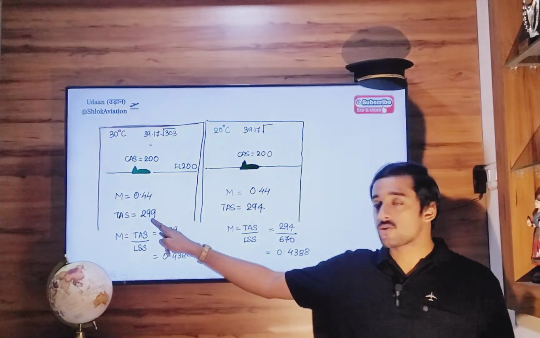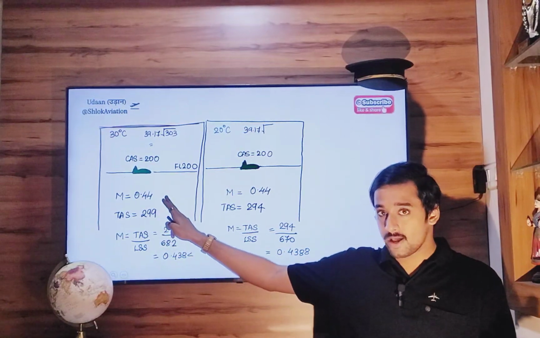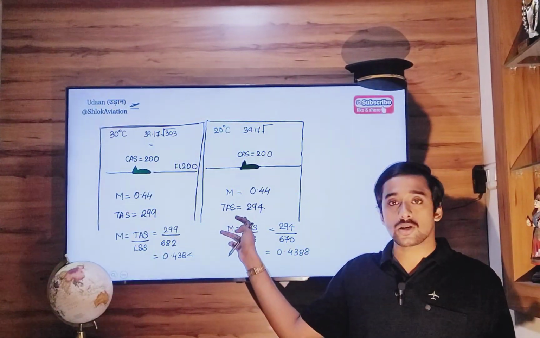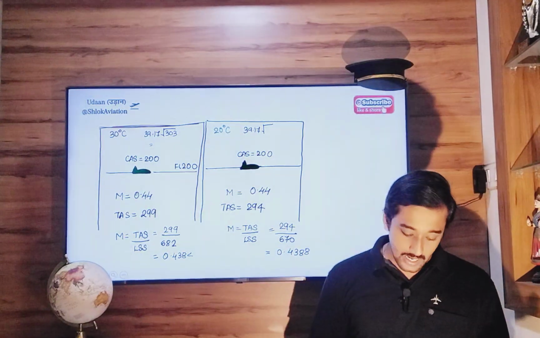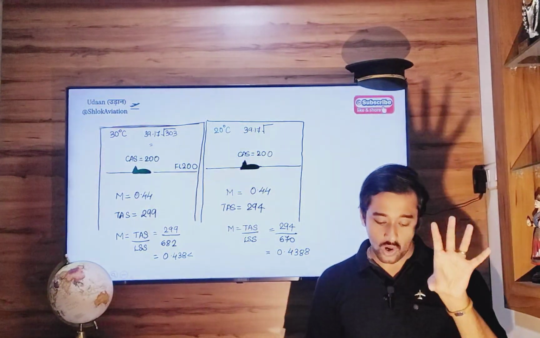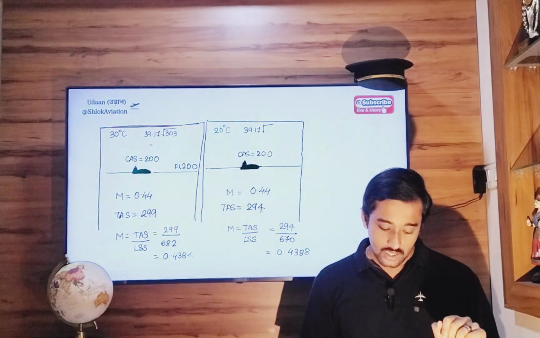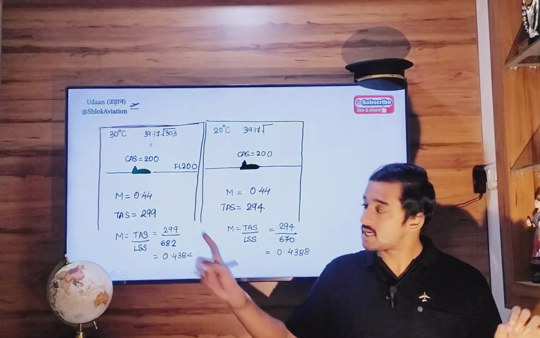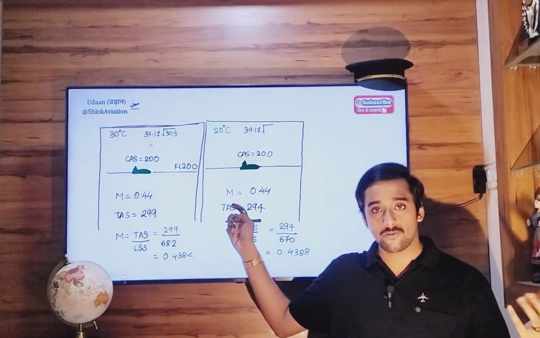Similarly, true airspeed of 299 knots in warm air mass and a slower airspeed of 294 knots in cold air mass. That means when you travel from warm air mass to cold air mass, the Mach meter indication will not change. It will remain the same, 0.44, 0.44.